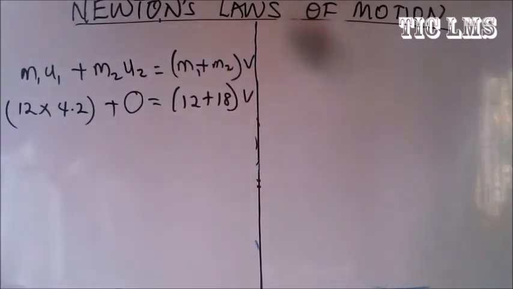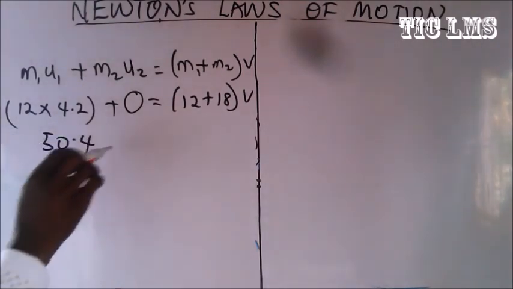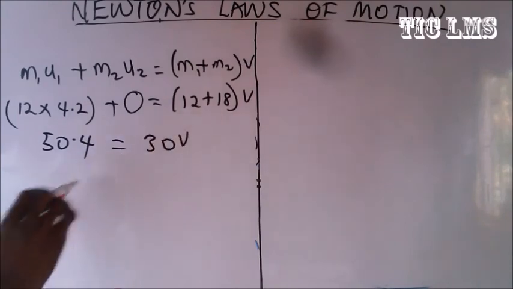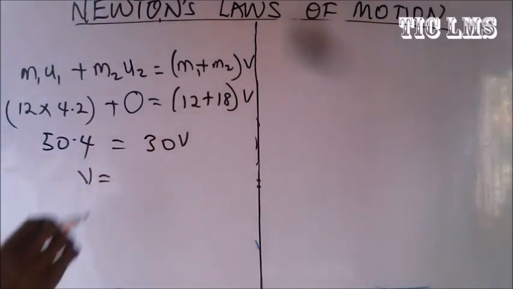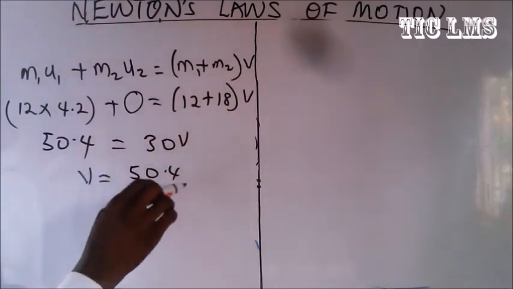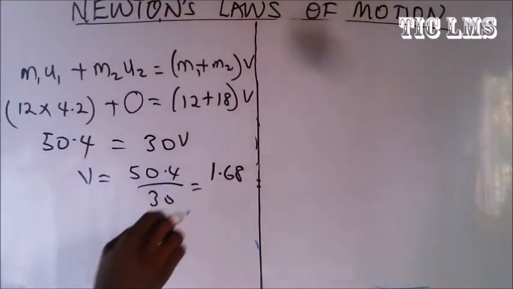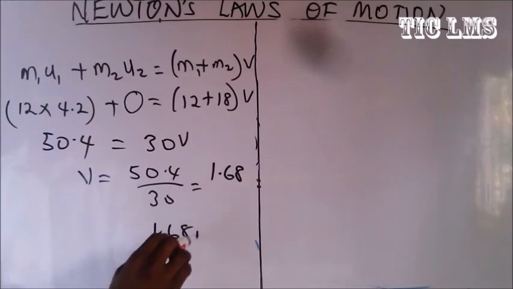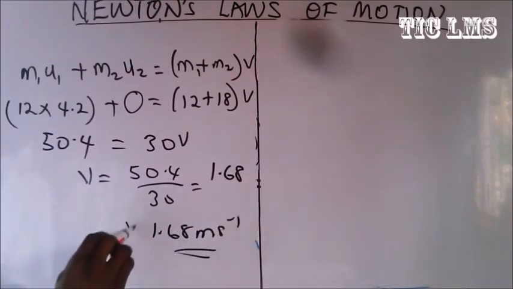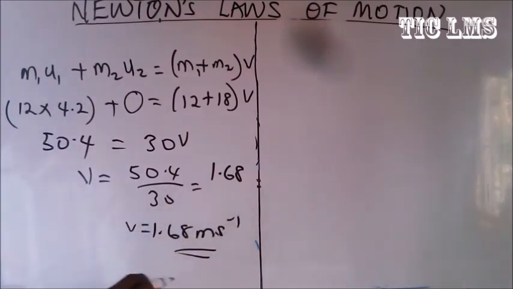Then we have to calculate the velocity. 12 multiplied by 4.2 yields 50.4 equal to 30 v. Hence, the velocity with which they move is 50.4 over 30, and that gives 1.68. So 1.68 meters per second is the velocity with which the two bodies move.